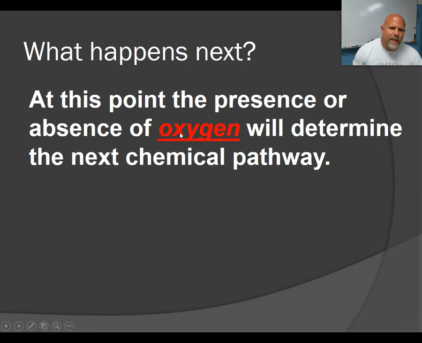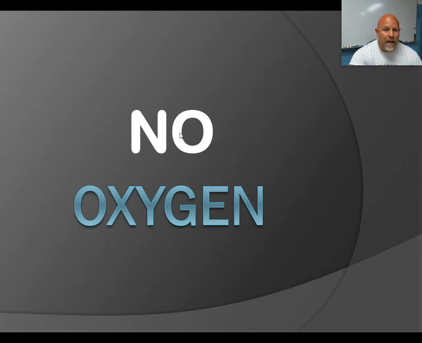At this point, whether or not we have oxygen will determine how things proceed. If no oxygen is available, we will go through fermentation. And if oxygen is available, a lot of organisms can do cell respiration. So let's talk about if we have no oxygen available.